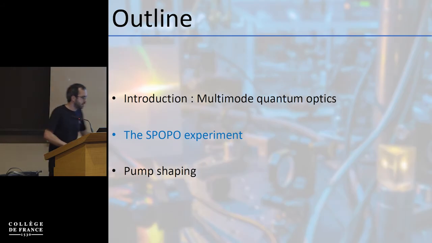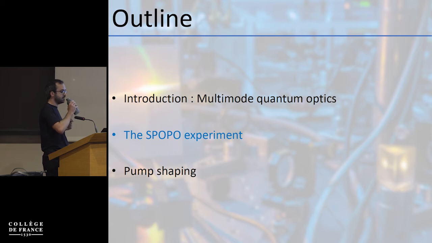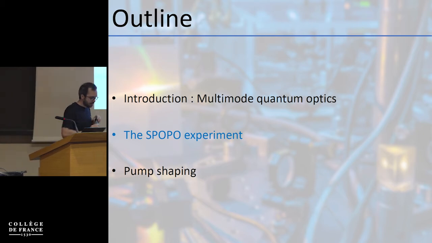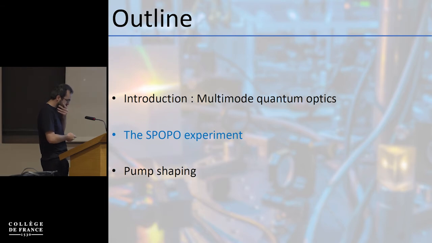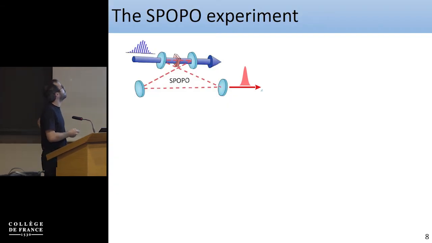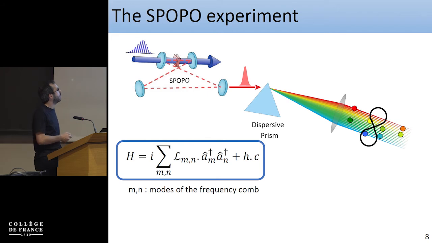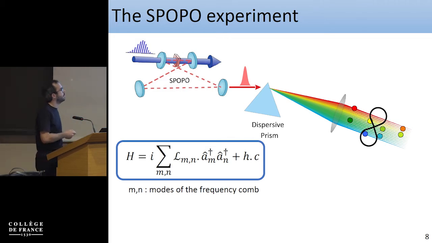Now I'm going to give you more detail about the experiment. We have our SPOPO, and as I told you, if we look into the frequency comb, what we have here is a distribution of entangled photon pairs on each tooth of my frequency comb.